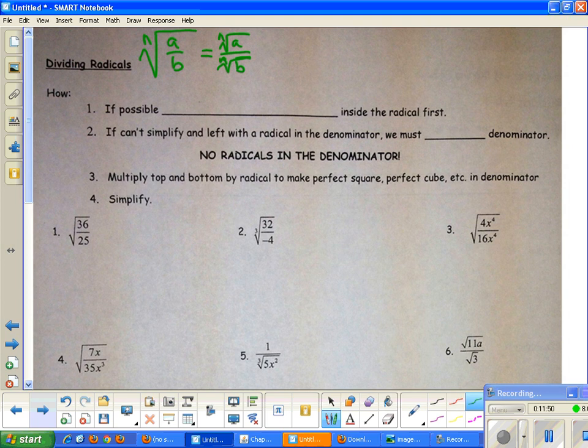So if possible, you want to simplify the fraction inside the radical first. If you can't simplify and are left with a radical in the denominator, you must do what's called rationalize.